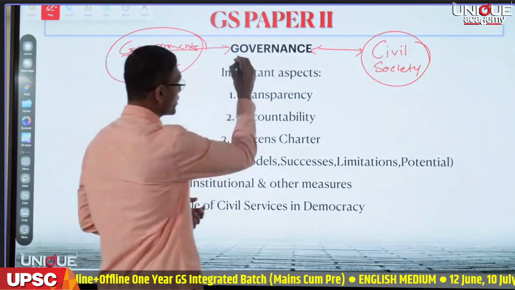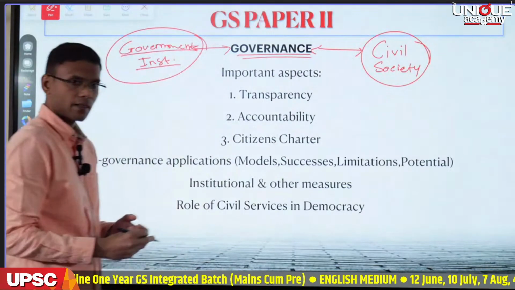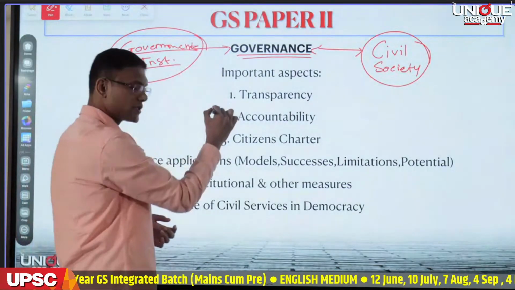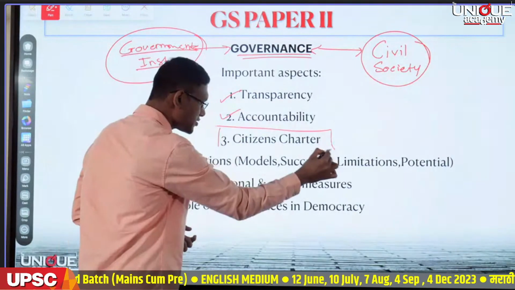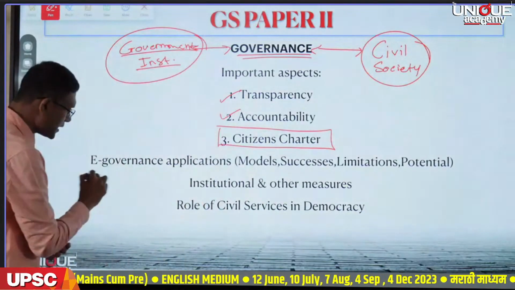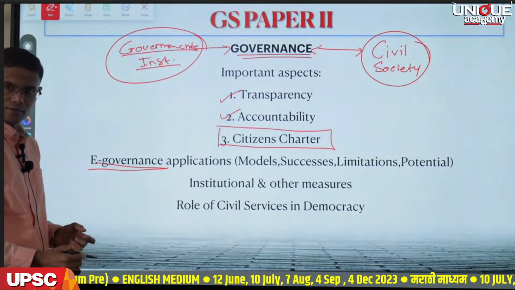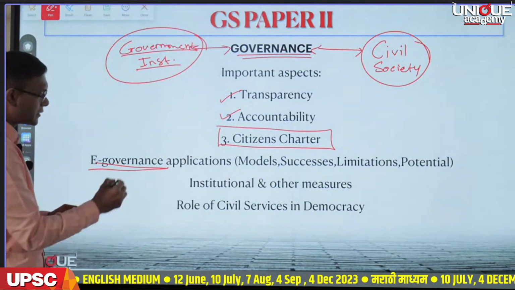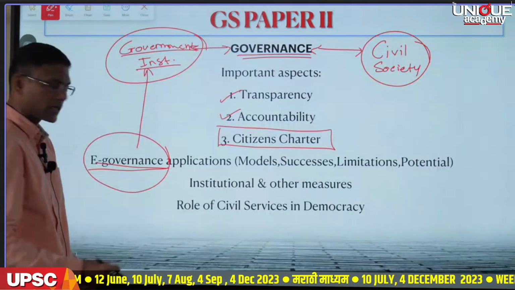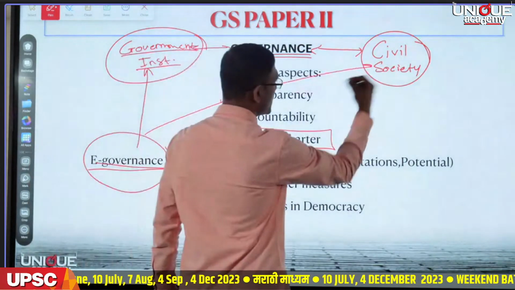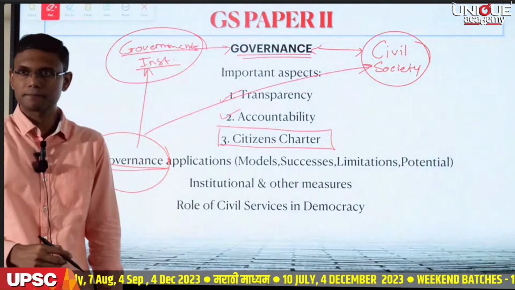So here, when we are talking about the word governance, right? These terminologies used in your syllabus: transparency, accountability, citizens charter, e-governance, right? These are to be prepared from the point of view of government institutional structure as well as from the point of view of civil society.